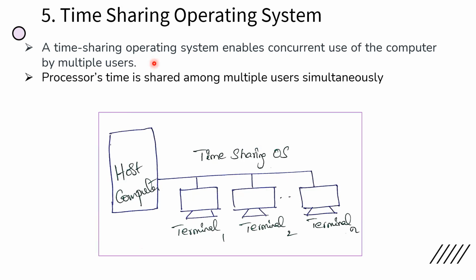So a time-sharing operating system enables concurrent use of the computer by multiple users. That means there exists only one computer, but multiple terminals can be connected to the same computer and use it in parallel. Here processor time is shared among multiple users simultaneously.